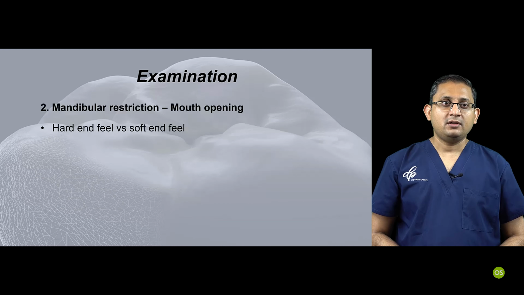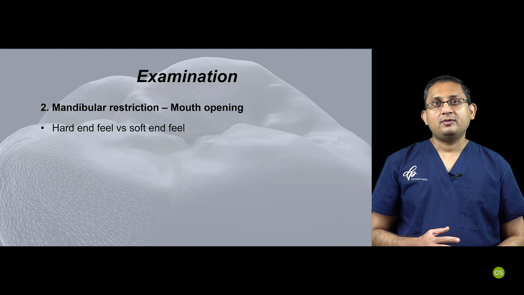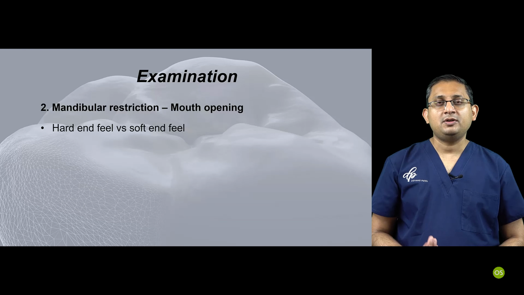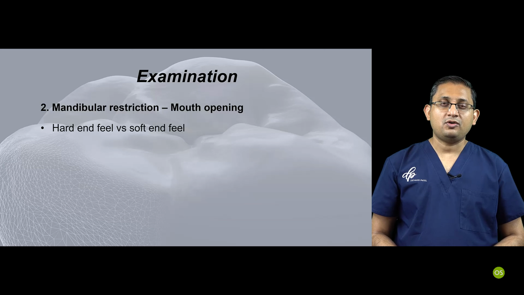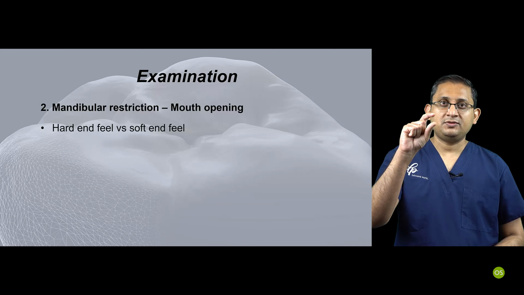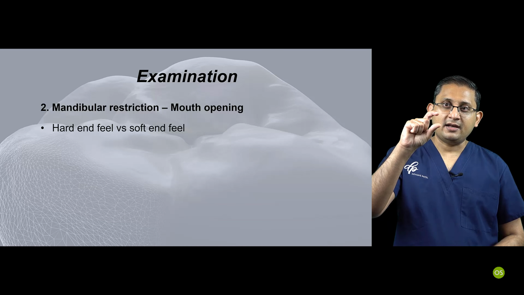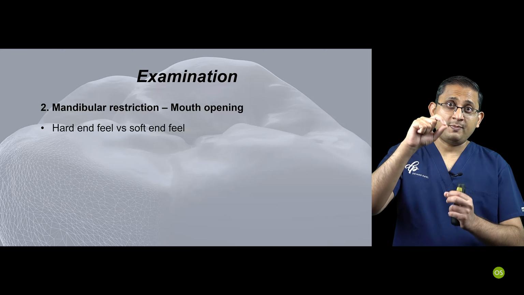Mandibular restriction. When you're assessing mandibular restriction or mouth opening, you need to understand the concept of soft end feel and hard end feel. What that means is that when you ask the patient to open their mouth and you diagnose that the patient has a limited mouth opening, you put two fingers between their teeth and try and pull the jaw apart a little bit.